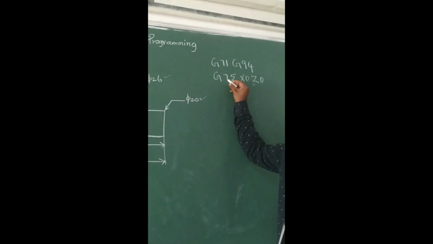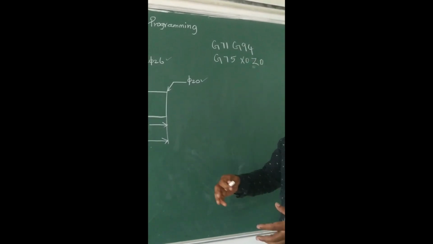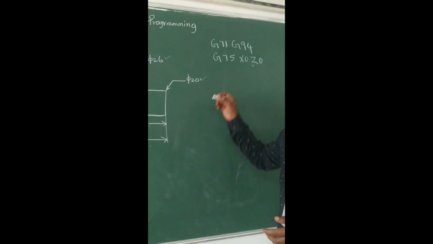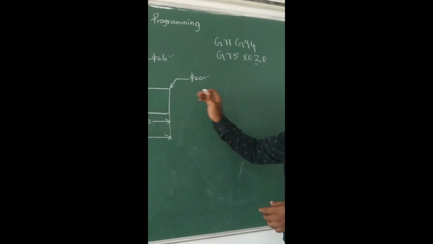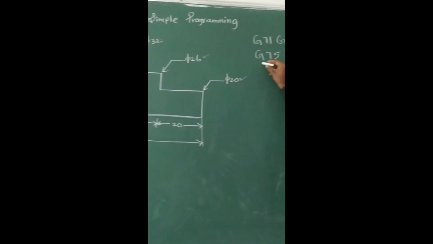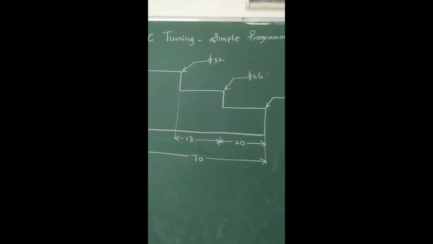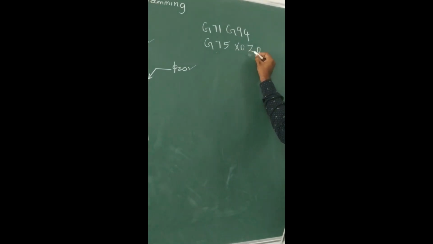Here we have to move to the home position. The tool is in some position and the workpiece is in some position, so to avoid collision between the tool and the workpiece, we have to start the program from the home position. So we send the tool to the home position with the G75 command and X0 and Z0.